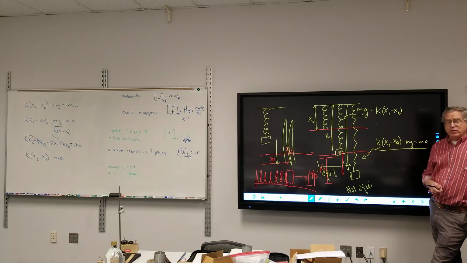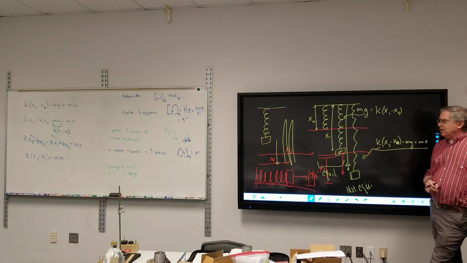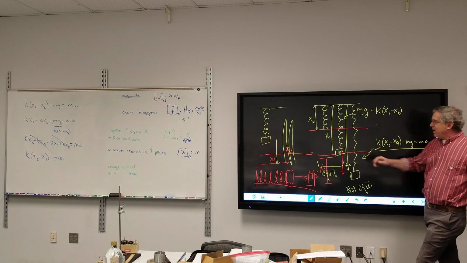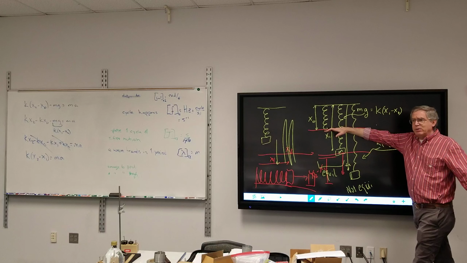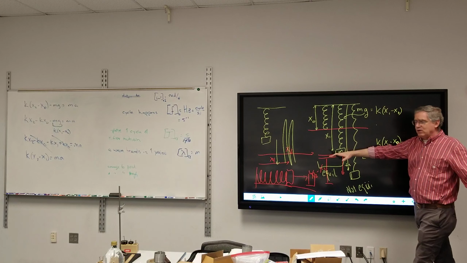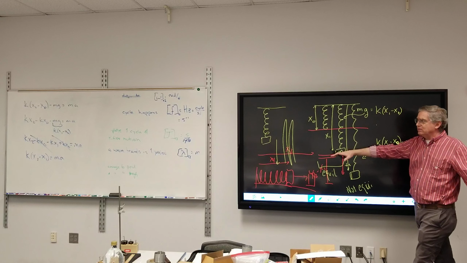The same goes true with energy. If I consider this to be my equilibrium spot, then I have to bring mgh into my equation. If I consider this to be my equilibrium and ask how far I stretch it from here, I don't have to worry about gravitational potential energy. It's going to cancel out.